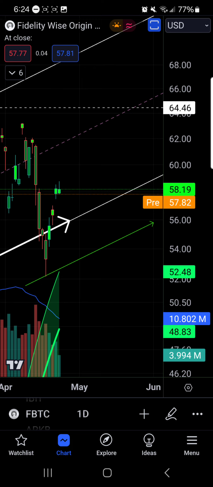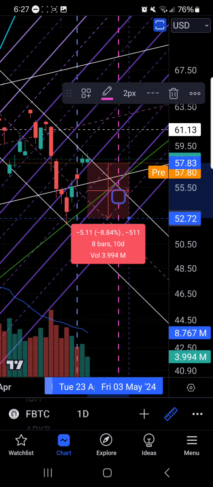Now, I'm going to switch to a different fidelity chart for a second. Here on my other chart, a 9% move on Monday would be down to the center line of these two parallel channels, both this channel heading downwards and also this purple channel heading upwards.